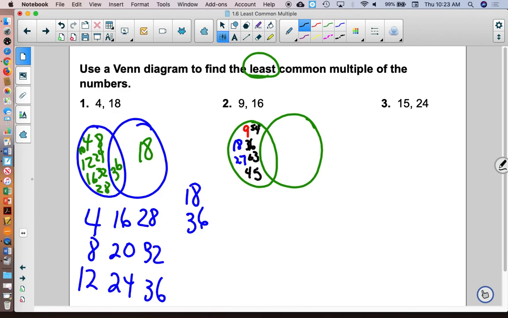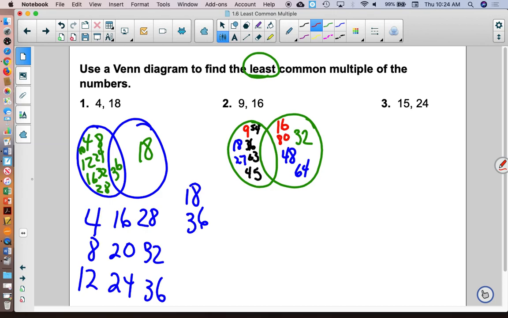Let's see if maybe we've gone far enough. We have 16. What's 16 times 2? 32. What's 16 times 3 going to give me? 48. And another 16 gives me 64. Haven't got anything yet, do I? No. 64 plus 16 is 80. So I've got to keep going.